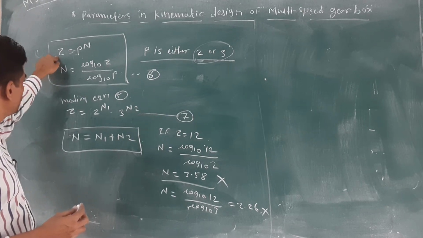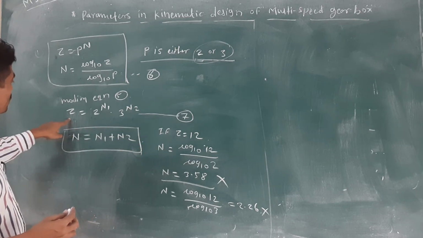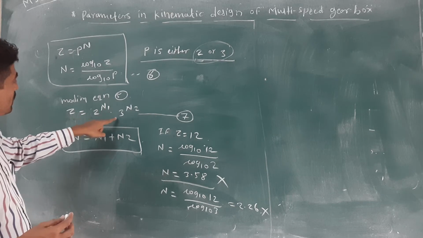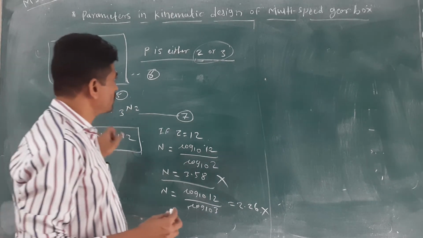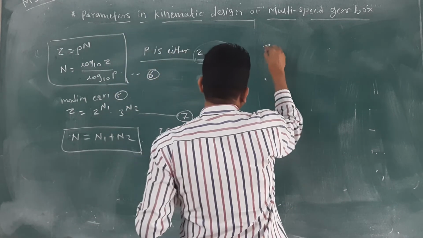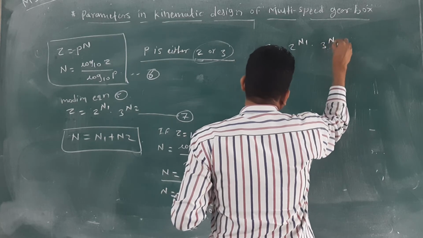Equation number 5, then z is equal to what? 12 is there. We have the modified equation z is equal to 2 raised to n1 into 3 raised to n2.